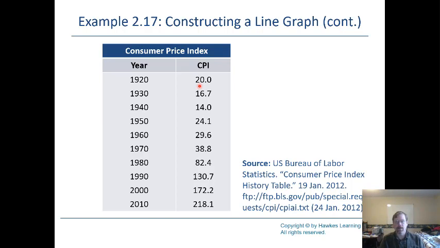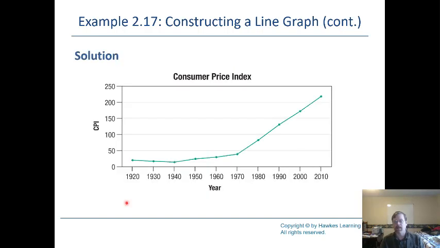So for consumer price index with this data, you can see there's the Great Depression. Prices started going down on things. Climbed back up after World War II, and then sometime in the 70s it started skyrocketing. Wow. And we end up with that.